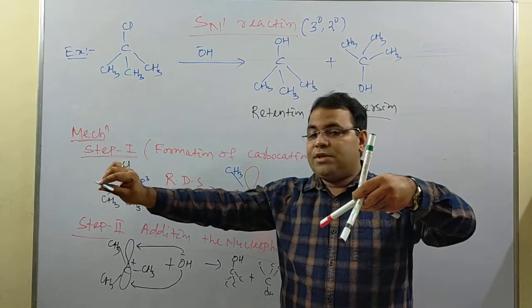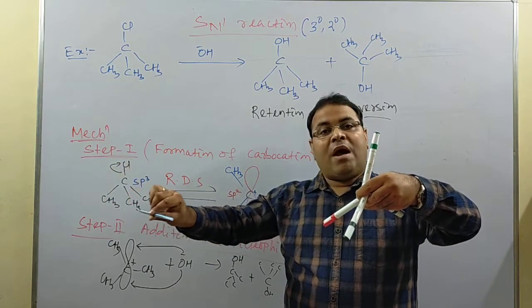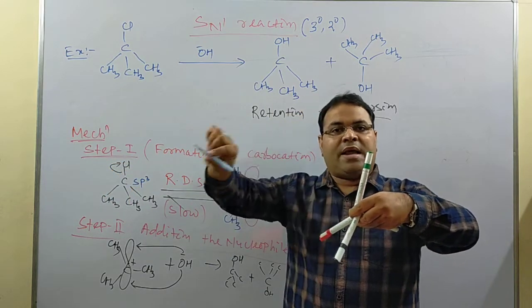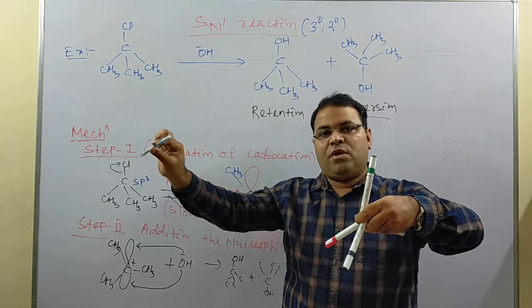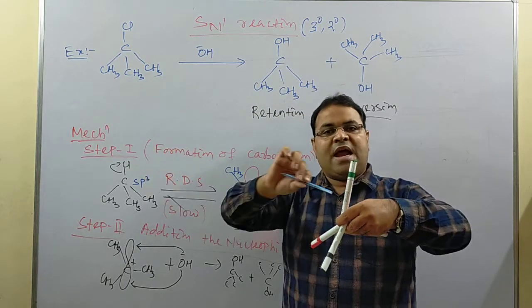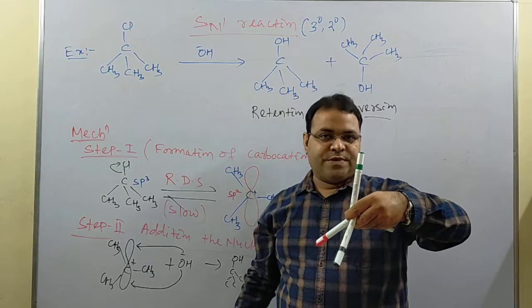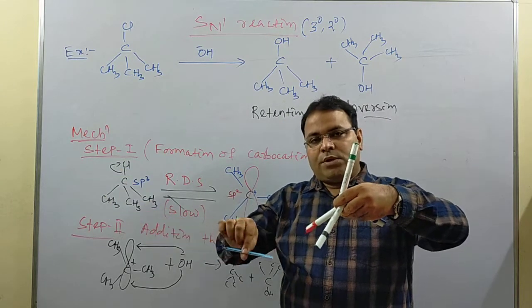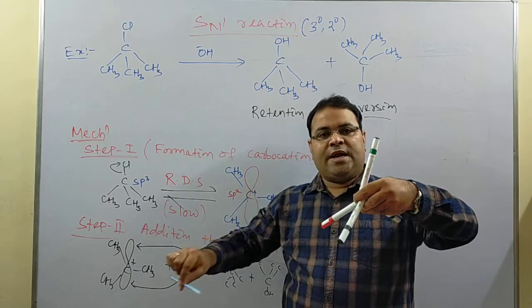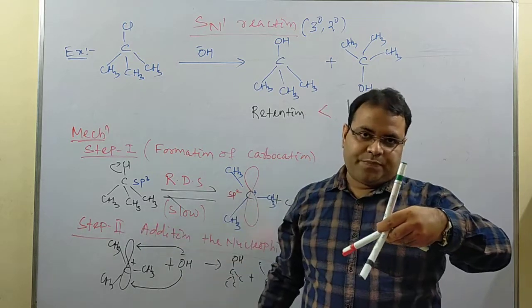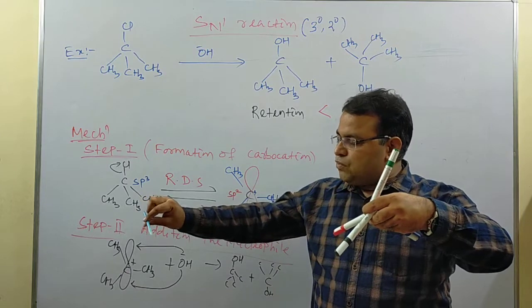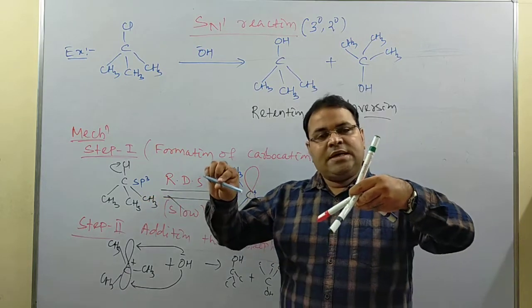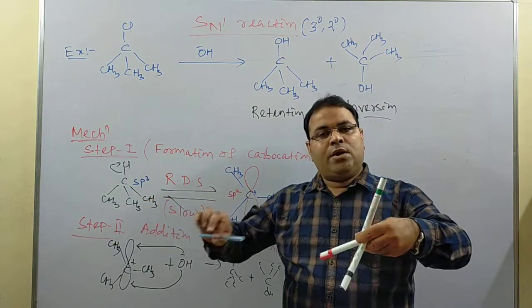So when this nucleophile comes to attack, it cannot attack from the front side, because the nucleophile is an electron rich species, and this chlorine is also an electron rich species. So it will start approaching from the bottom side, opposite to the chlorine. When these two approach each other, the released energy is sufficient to break this bond.